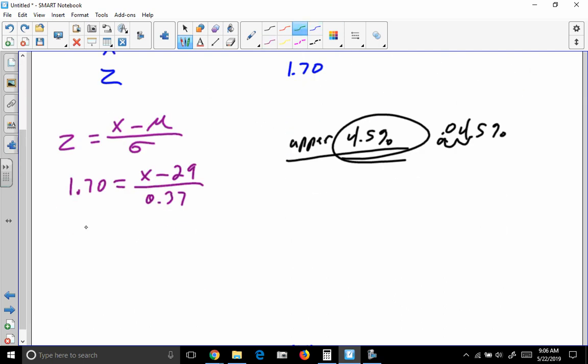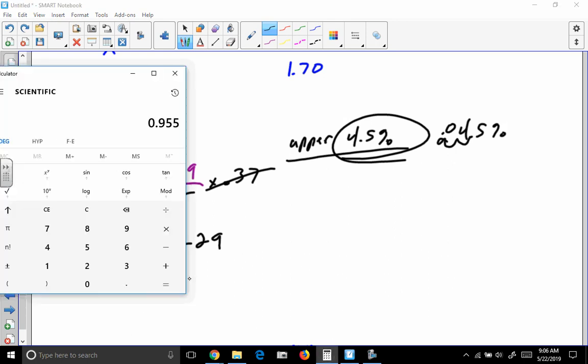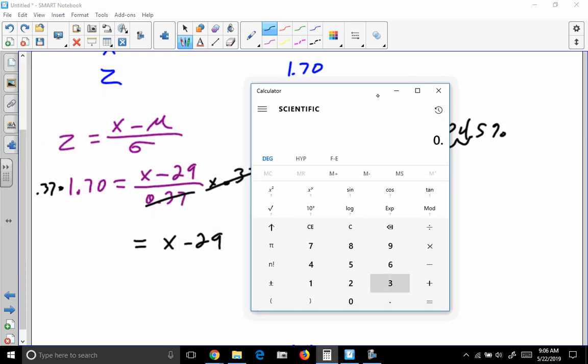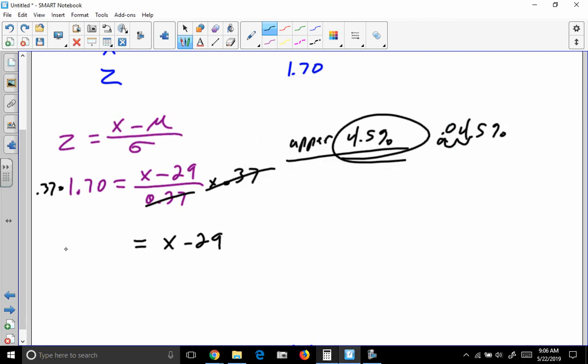As we did on the last problem, we just solve for X. To get rid of something on the bottom, the opposite of dividing is to multiply. So 0.37 on bottom and top cancel. If we multiply the left side by 0.37, we have 0.37 times 1.70, so 0.629.